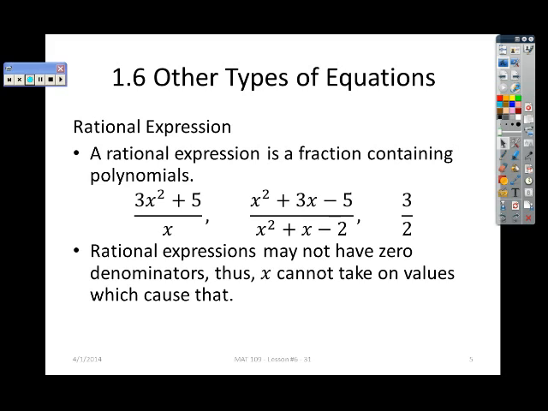This limitation on x is going to affect how we solve equations. And we need to be conscious of what values will make these denominators 0.